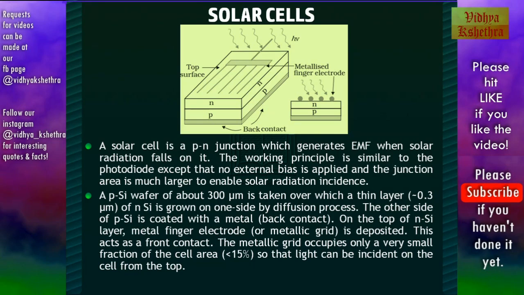On top of the N silicon layer, a metal finger electrode or metallic grid is deposited. This acts as a front contact. The metallic grid occupies only a very small fraction of the cell area, very much lesser than 15%, so that light can be incident on the cell from the top.